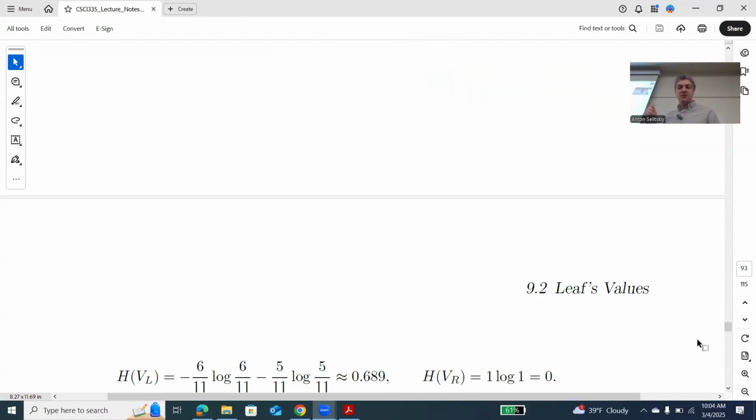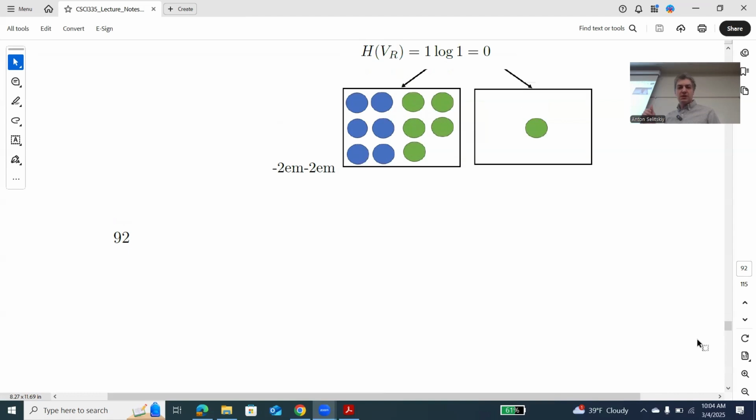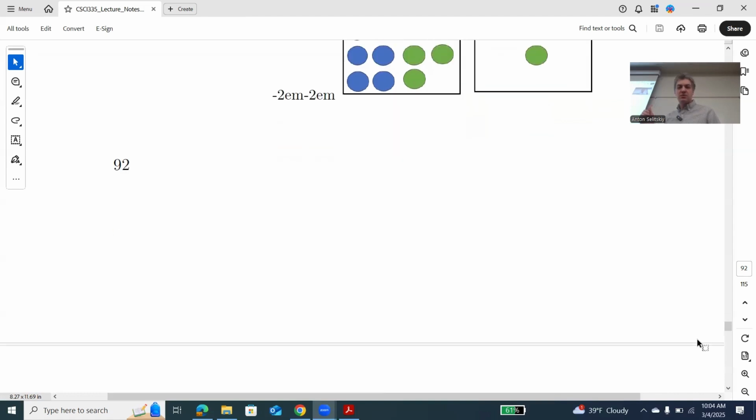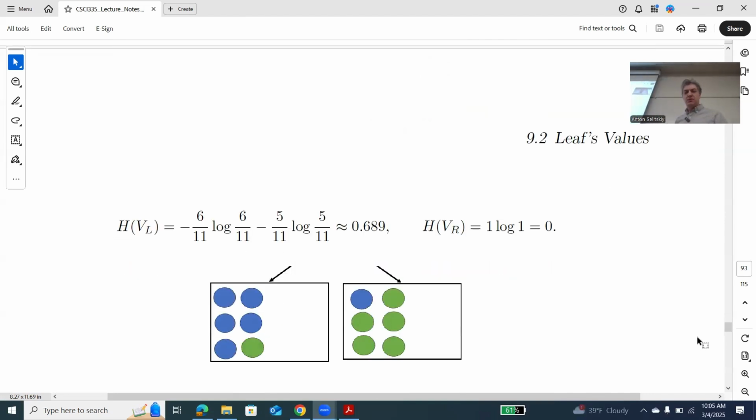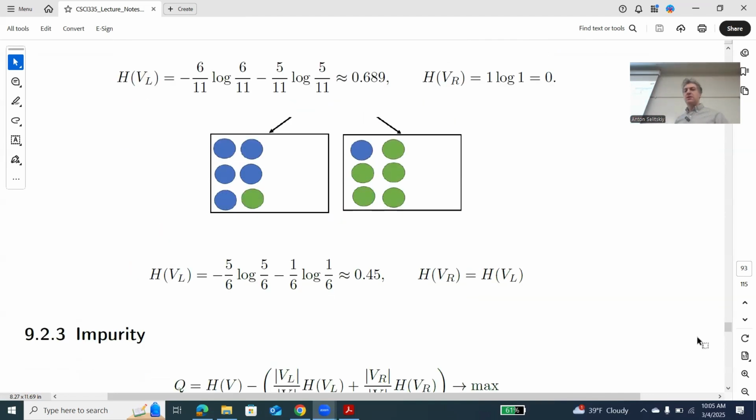But if you calculate the entropy for this split, so we have 11 points in the left node, the entropy will be 0.7 and 0 for the right node. If we look at this split, what do you think? Is the split better than previous one when we just had one green point here and the rest?